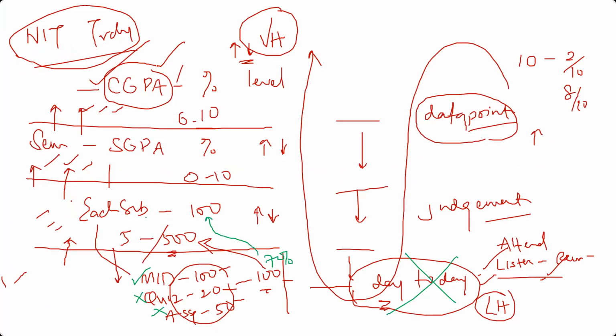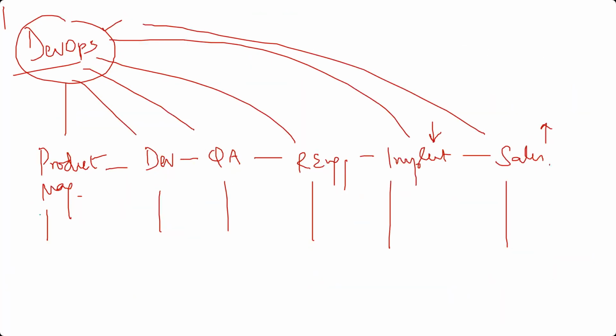It will contribute to each subject, to your SGPA, and to your CGPA, and you will be somewhere between 75 to 80. This is how the cascading effect will be. Similarly, in the case of dev operations, everybody's success is the dev operations team's success.